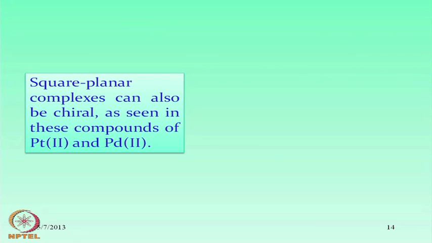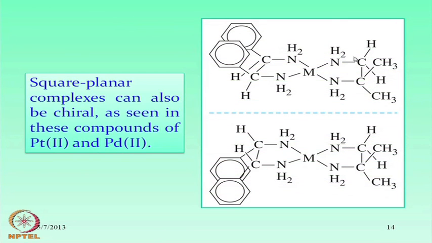Then the square planar complexes can also be chiral, such as the platinum and palladium compounds of these two types, where this is the corresponding unsymmetrical diamine type of ligand, with this carbon substituted by 2 methyl groups, and on the other side we have the 2 phenyl rings above the square plane.